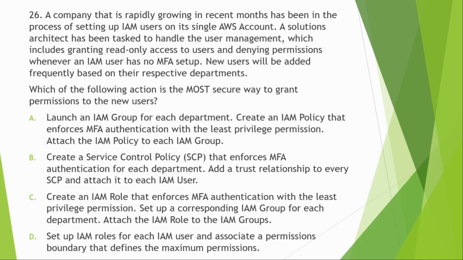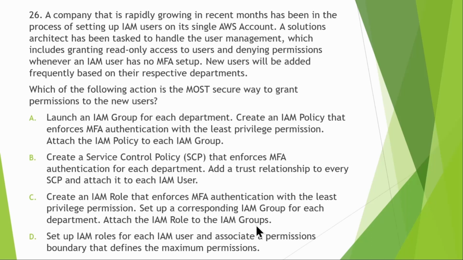Because an IAM group usually is provided with an IAM policy, not an IAM role. So there is no direct way in the AWS management console to manually assign an IAM role to a particular IAM group. Okay. So you can attach an IAM policy, you cannot attach an IAM role. That's the reason this is not correct.